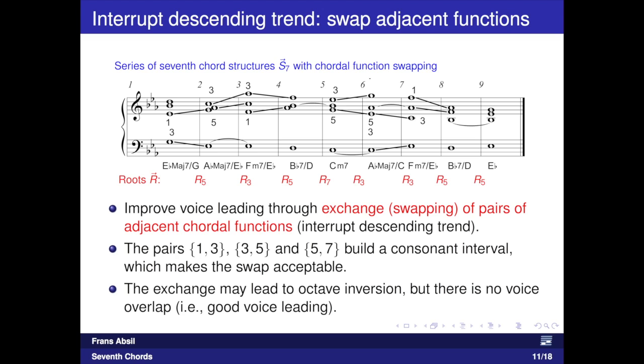So, we may swap the root and third, the 3 and 5, or the 5 and 7, each pair forming a consonant interval. One of the voices may leap to another octave. None of the parts will overlap, which is considered good voice leading. It is the previous example transposed to a different key, with the descending trend interrupted several times.